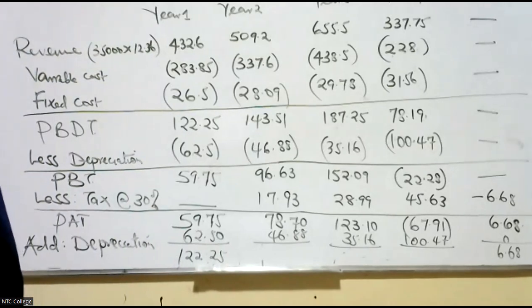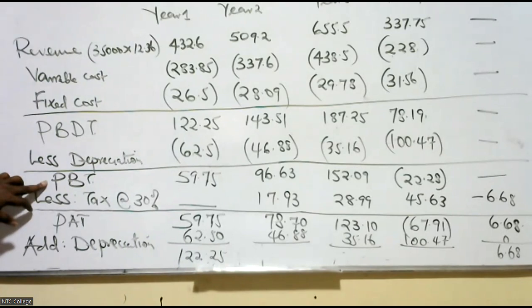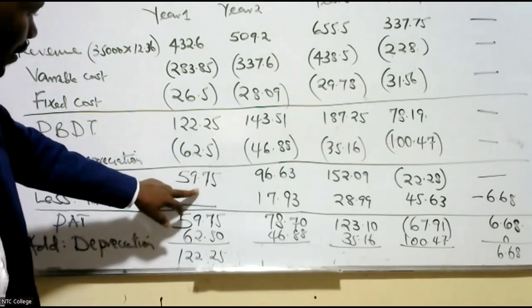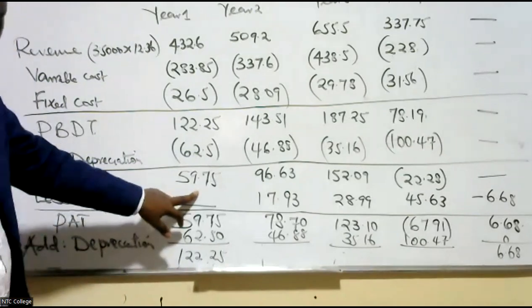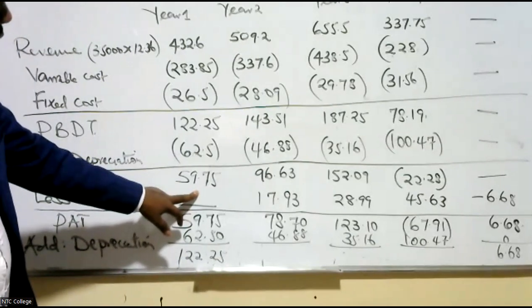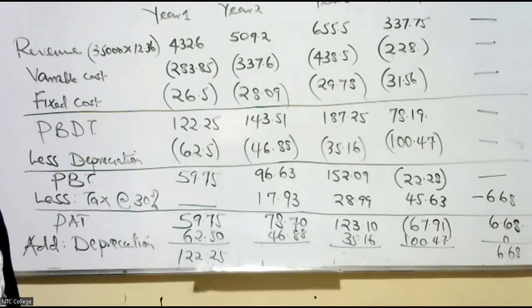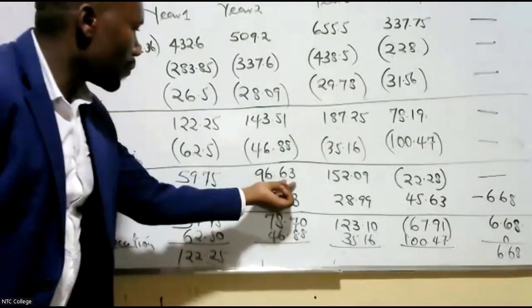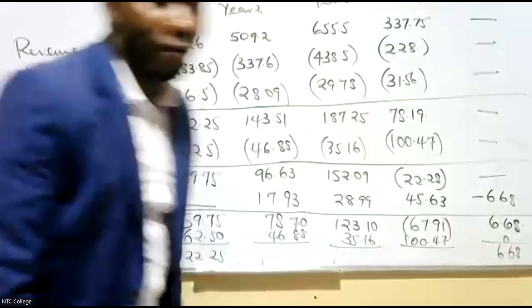Somebody is saying that profit before tax year 1 is 60 when rounded off. Come again? Rounded off it is 60, 59.75, almost the same. Now we have put two decimal places like that.